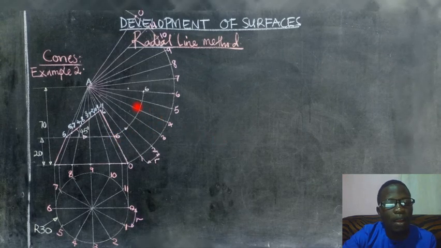I get my compass, position it at point A, stretch to the point I've obtained, and then draw an arc. When I'm projecting that arc, I project it to reach the line joining A to 6. That is line A6, and that is the point for 6.